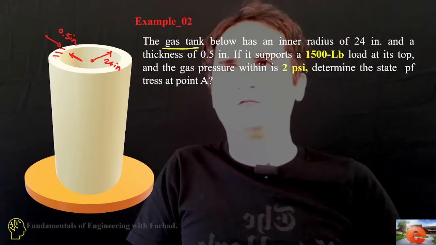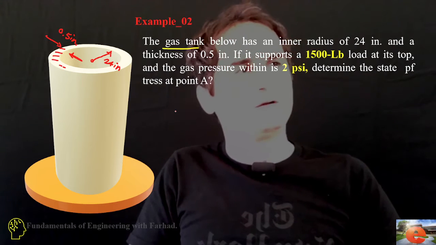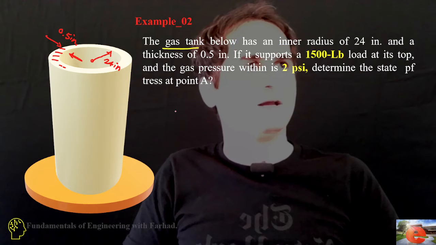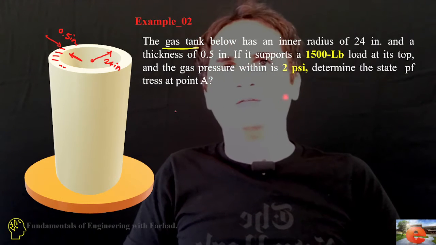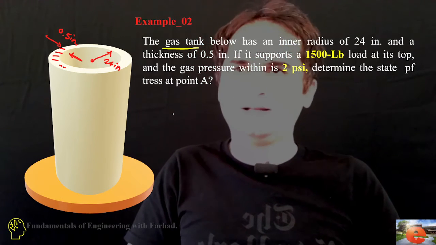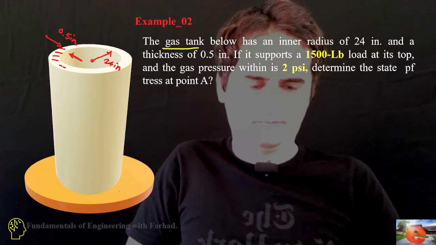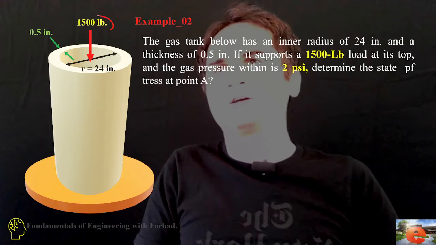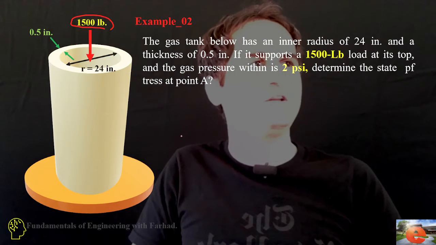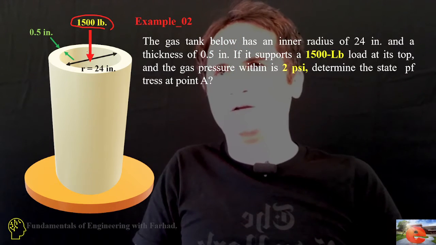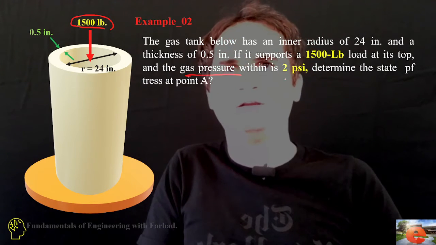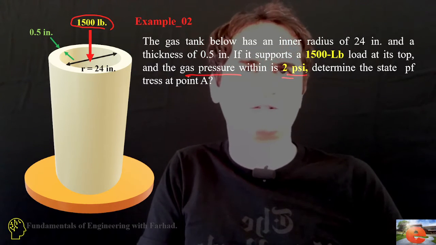That's the thickness of my thin walled shaft, which is also a gas tank, and it handles a concentrated load of 1500 at its top, and the pressure inside is 2 psi, pounds per square inch.